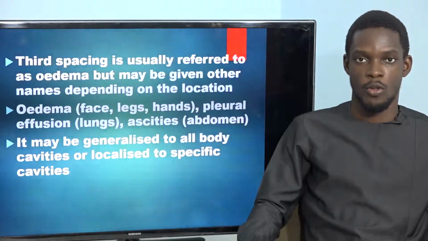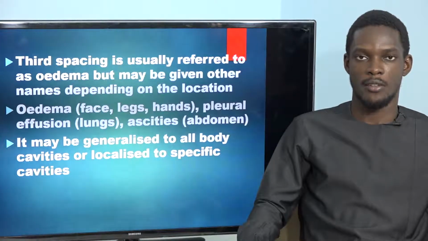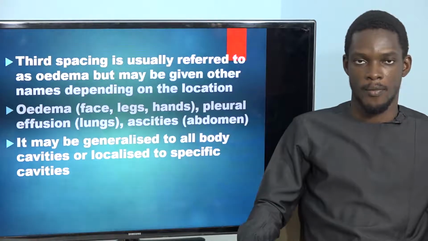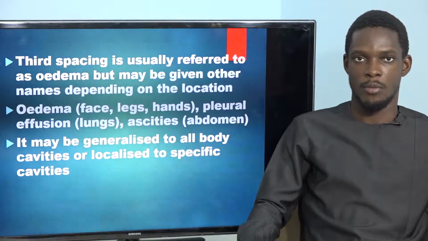What happens in third spacing is that there's something we call hydrostatic pressure. You would have heard it from your anatomy. Hydrostatic pressure refers to the pressure exerted as a result of the pumping of the blood by the heart. If you didn't hear this in anatomy, you may probably have heard it in physics.